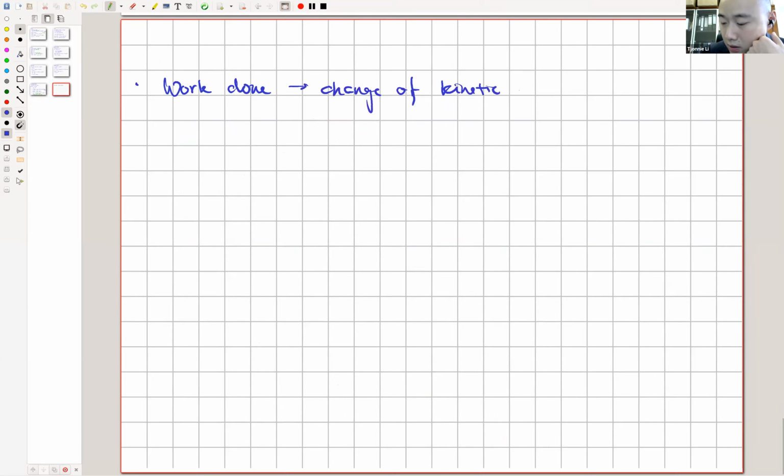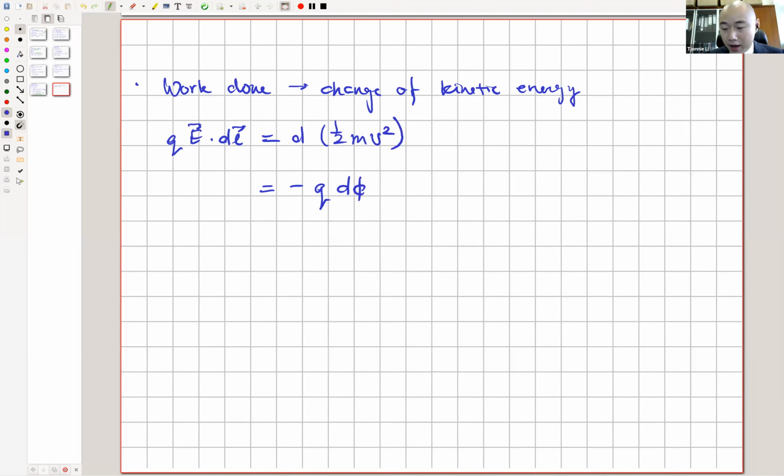And so what I can do is Q E dl is simply the change in the kinetic energy, half mv squared. But this we've just shown equals minus Q d phi, right? Just a change in the potential energy. And so ultimately I can have something that is a constant of motion.